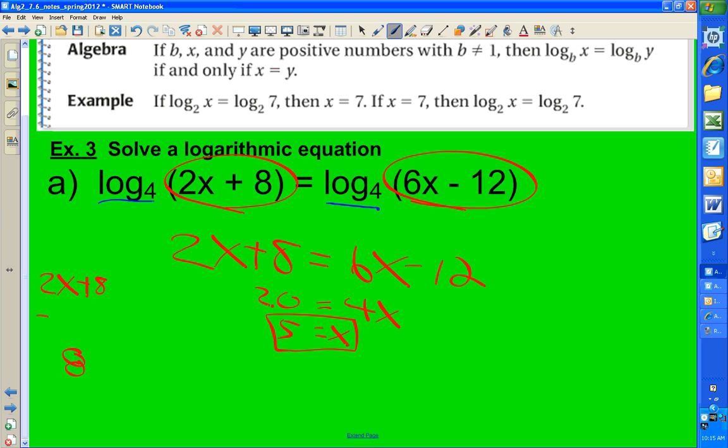How about subtract 2x? Well, in general, 2x plus 8 minus 2x would leave us with the 8, right? You subtract it. How would you get rid of the 6x? You could subtract that. But the general rule is which one's bigger? So get rid of the one that's not. So we subtracted 2x, we got 4x.